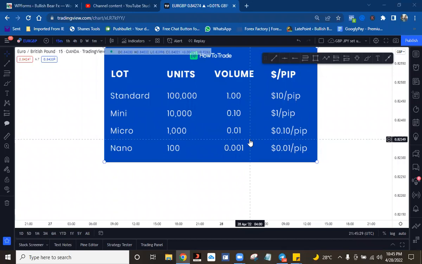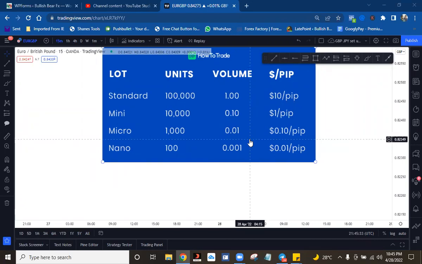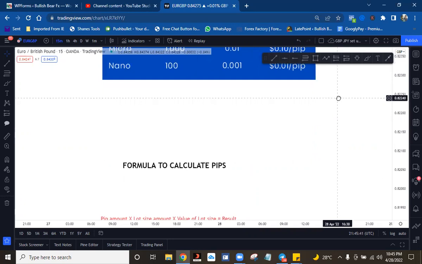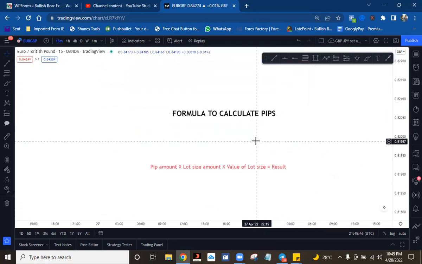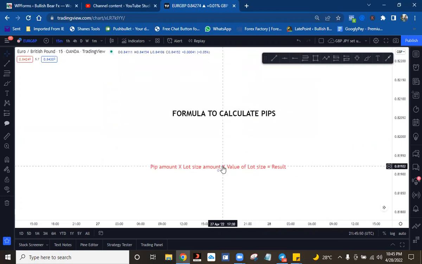All right. Let us first of all make it much easier. Let me give you the simple formula to calculate your pips. All right, are you ready? Now, formula to calculate pip: pip amount times lot size amount times value of lot size.